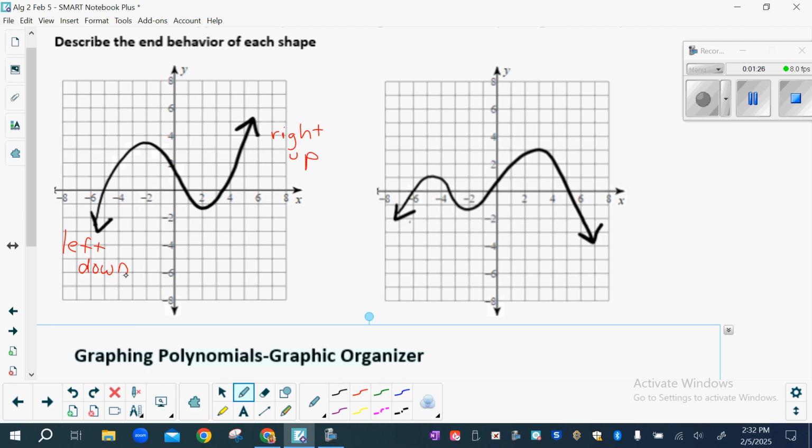Okay, so what about the next one? I need a hand, please, for telling me what is happening with the end behavior. On the right, what's happening here in this group? It's going up, that's right. So right is up? No, it's not. So right's not up, is it?